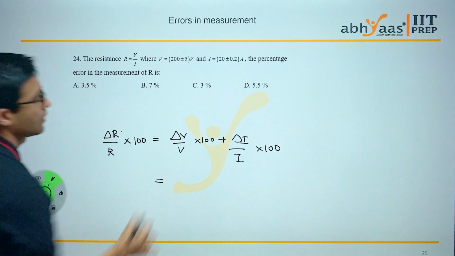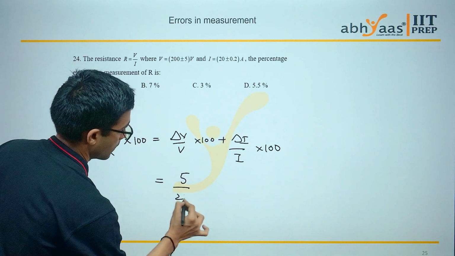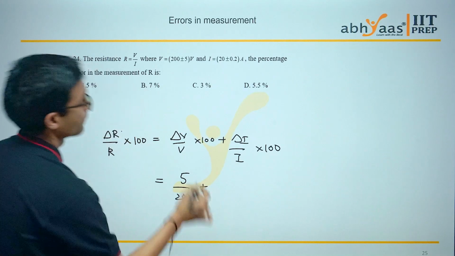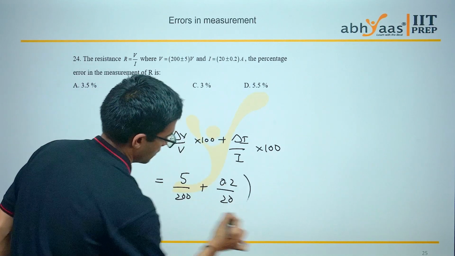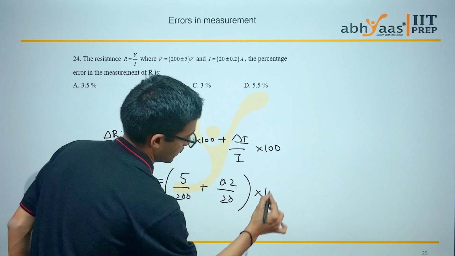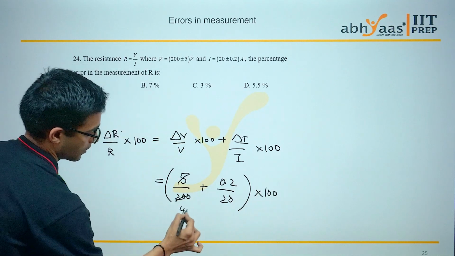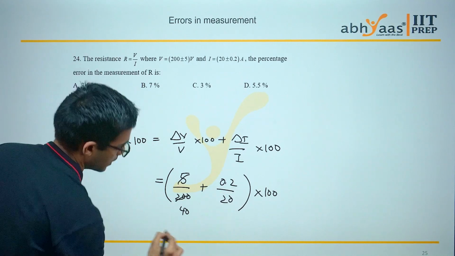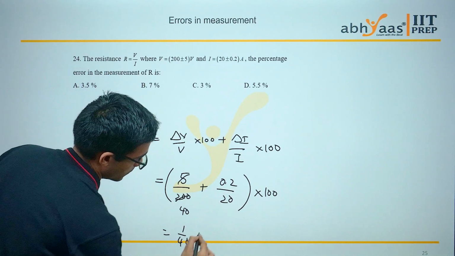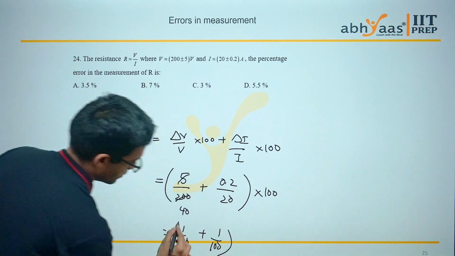Delta V by V is given as 5 by 200, plus delta I by I is 0.2 by 20. I am taking this 100 as common. So 5 by 200 is 1 by 40, and 0.2 by 20 is 2 by 200, that means 1 by 100. So again the same thing.